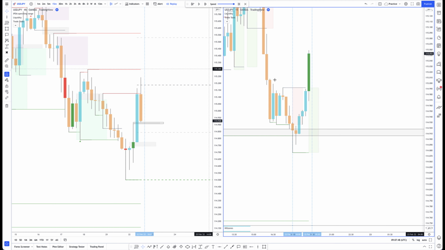This is not one of the best signals. 1, 2, 3, 4, 5 candles were required to break the structure. Let's see what the next candle is, what happens then.